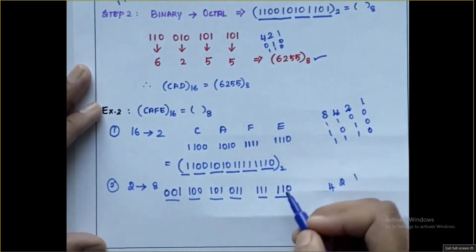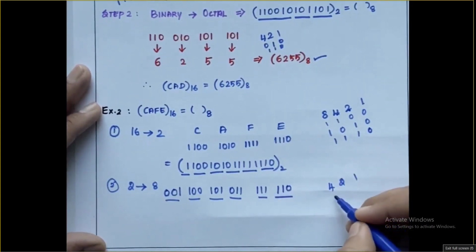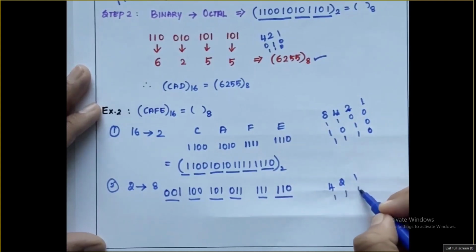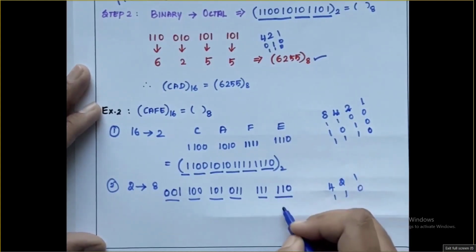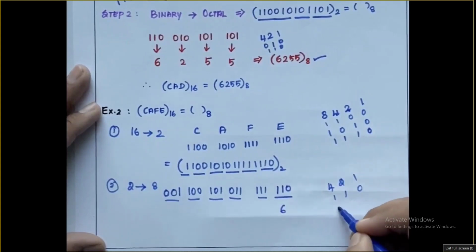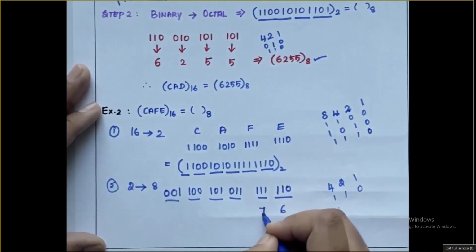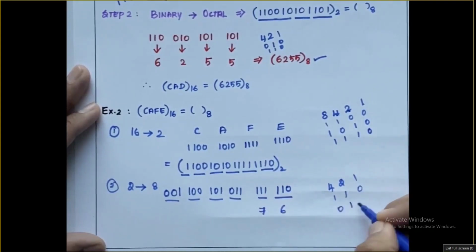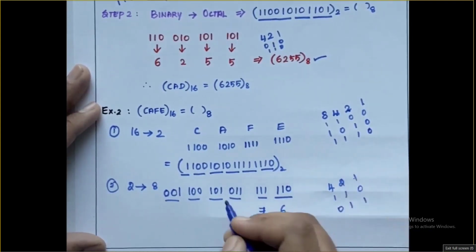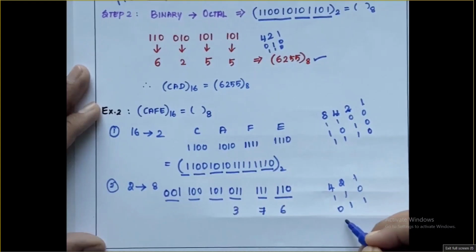So using 4 2 1, the first value is 110. So under 4 and 2 we have 1. So 4 plus 2 is 6. Next for 111. So all are 1s. So 4 plus 2 plus 1 is 7. Next for 011. 2 plus 1 is 3. So we can write 3. Next for 101. It is 4 plus 1.